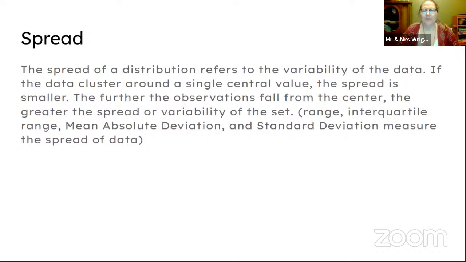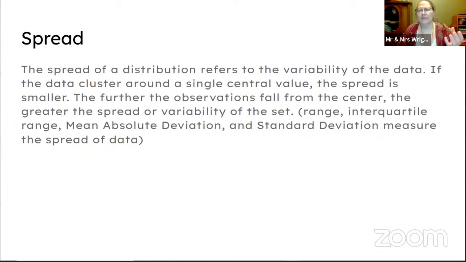So the further the observations fall from the center, the greater the spread or variability of the set. So the range, the interquartile range, the mean absolute deviation, standard deviation, all of those measure spread. Different ways to measure spread, and each type of measuring will give us different insights on the data. So sometimes it's better to use one way of measuring spread than another.